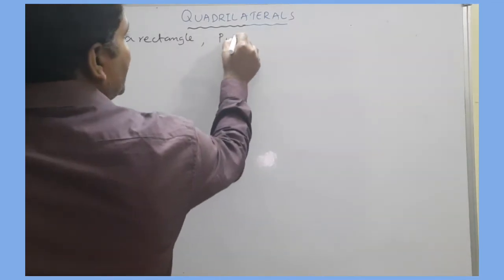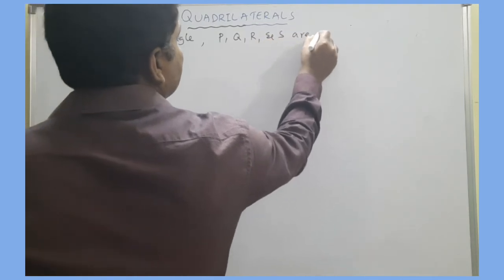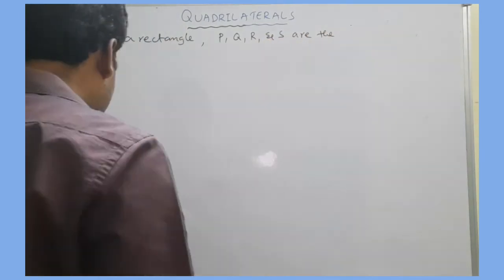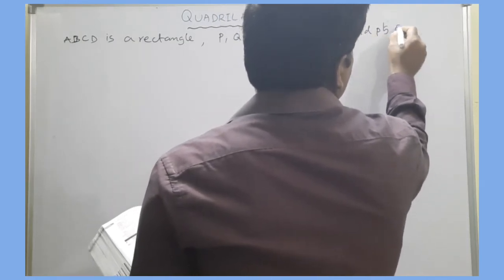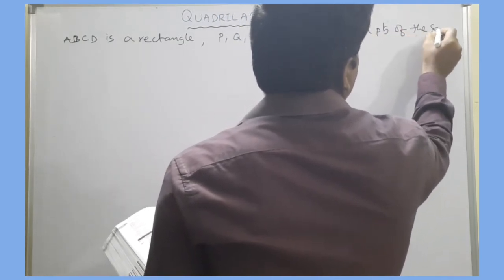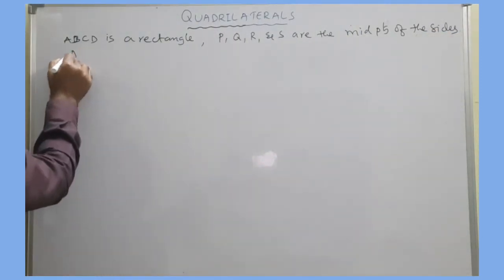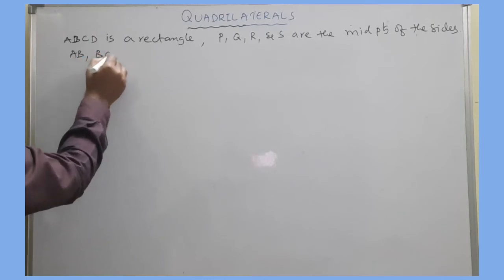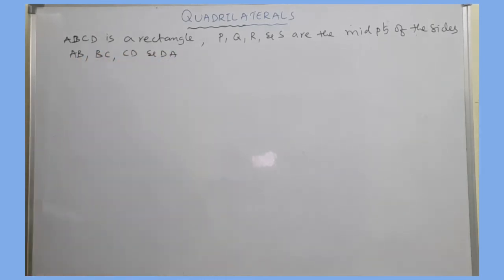Moreover, P, Q, R and S are the midpoints of the sides AB, BC, CD and DA respectively.